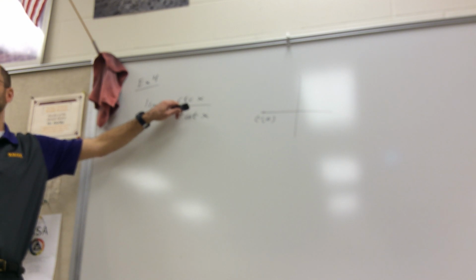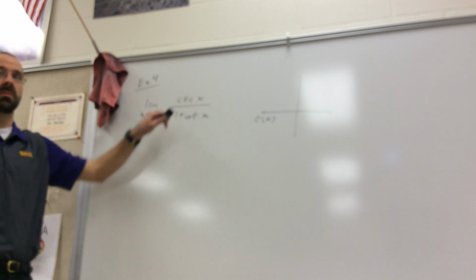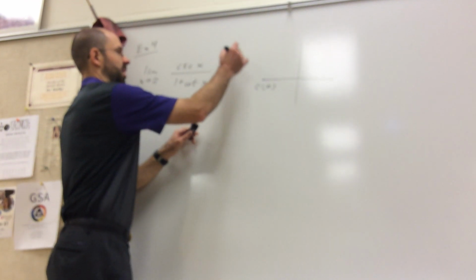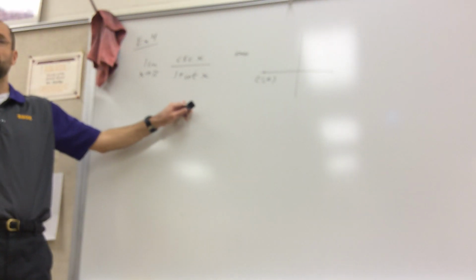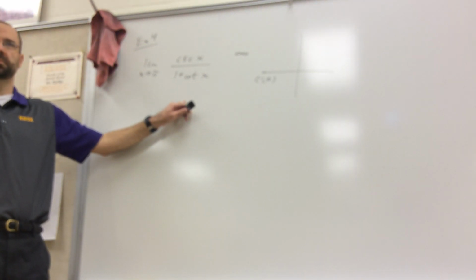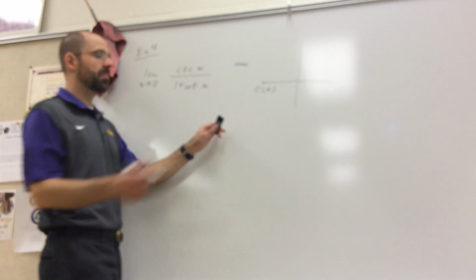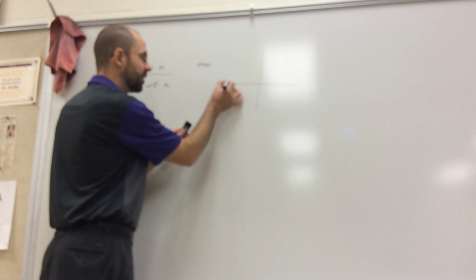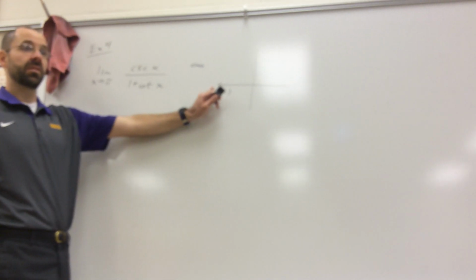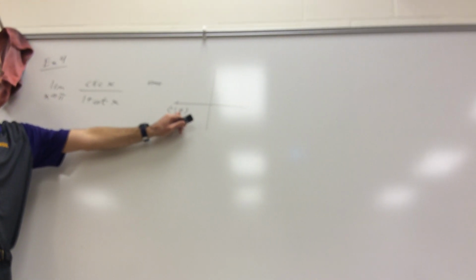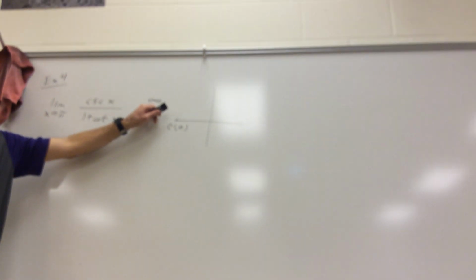That's like 1 divided by 0.01, so that's getting really big. So the limit on top is getting close to infinity. If I pick something close to pi, then the sine is going to be close to 0, and then 1 divided by something close to 0 is really big. That's why I put an infinity there.